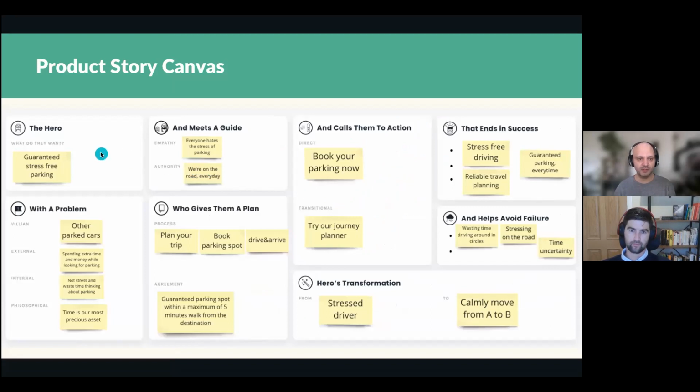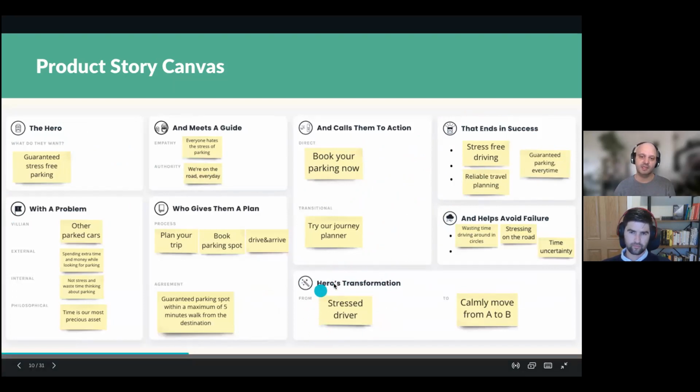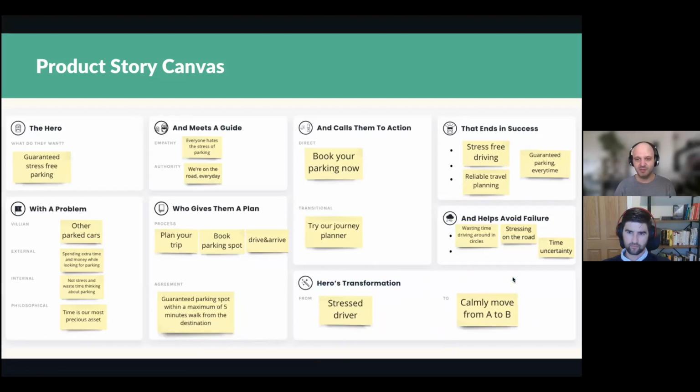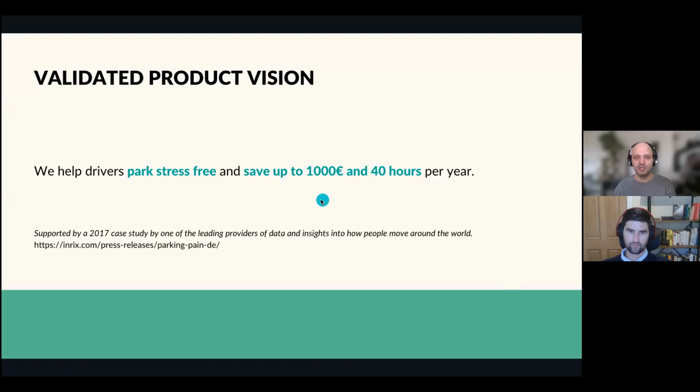Using a product story canvas also really helped in defining who the users are and what their problem is, all the way down into how to take them into success and ultimately their transformation, in this case from a stressed driver onto calmly moving from A to B. So in the end, I was able to validate the product vision of helping drivers park stress-free and saving up to €1,000 and 40 hours per year.